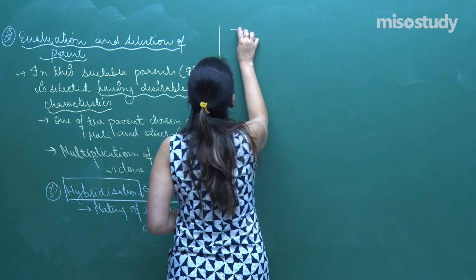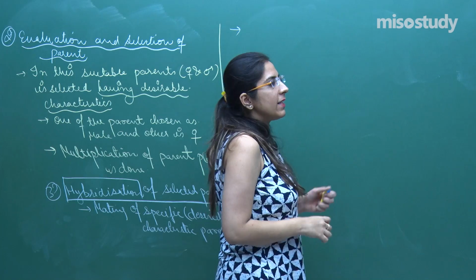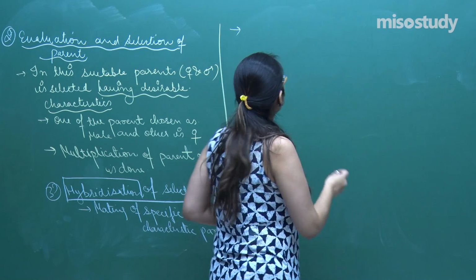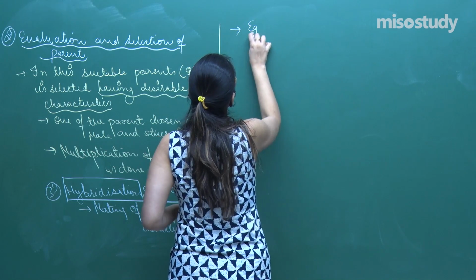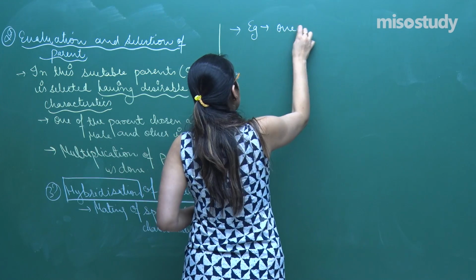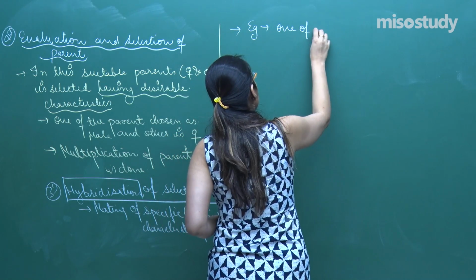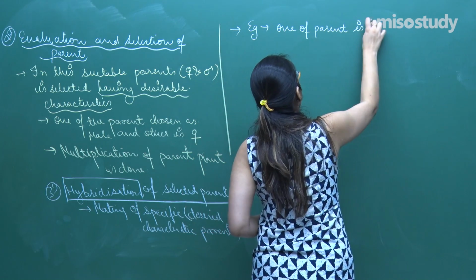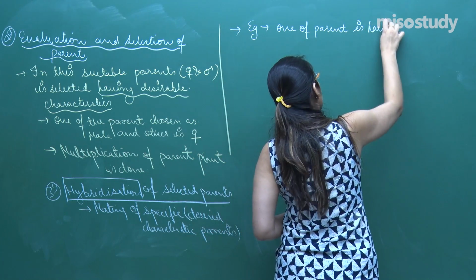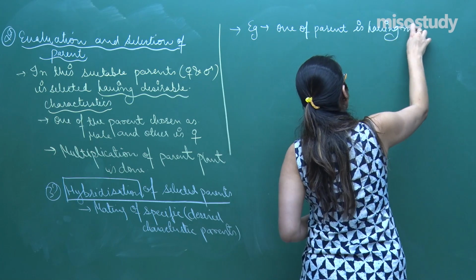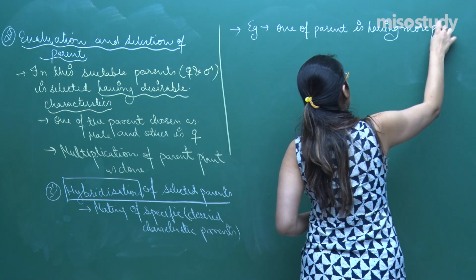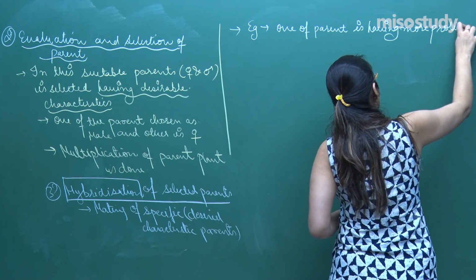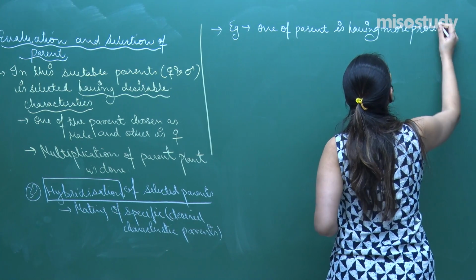Let's take an example. Suppose one of the parents is having more protein gene. I am talking about the gene which is present in them.